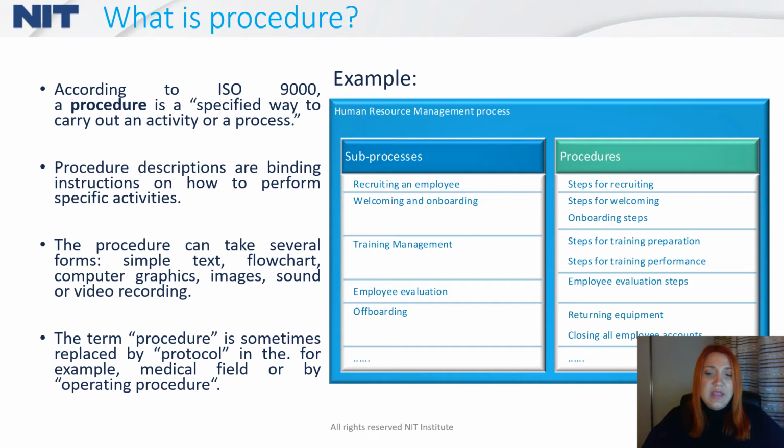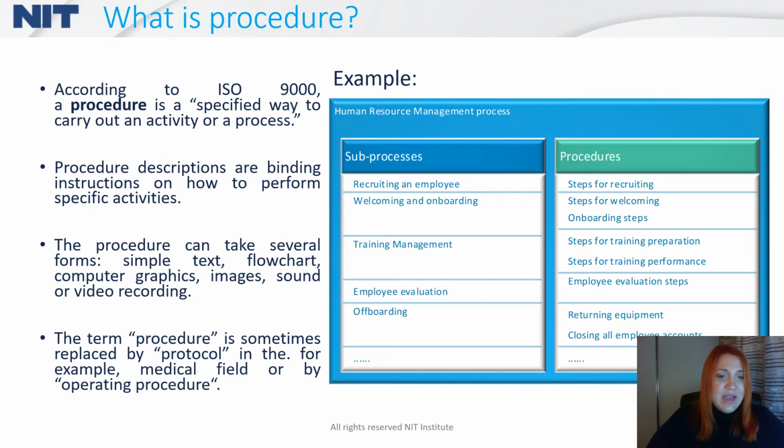The procedure can take several forms: simple text, flow chart, computer graphics, images, sound, or video recording. The term procedure is sometimes replaced by protocol in, for example, the medical field, or by operating procedures in other fields.